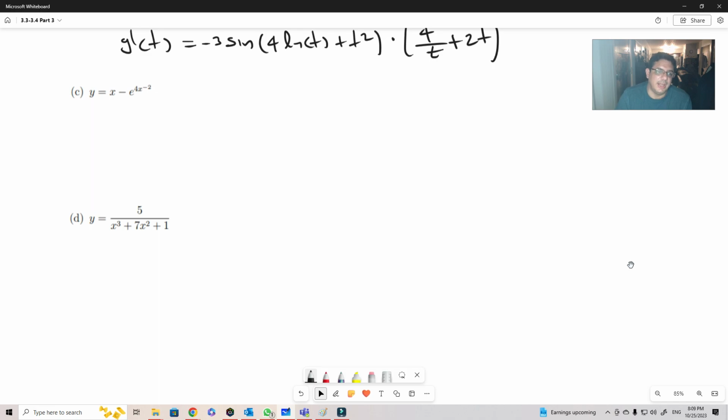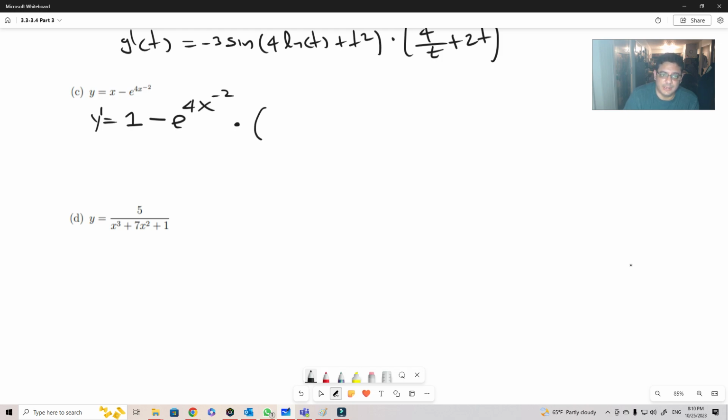Now c has a sum of 2 functions. This one is easy, so I don't worry too much about that one. The derivative of x is just 1, and then minus, and so here is where we actually had to work a little bit. This is an exponential, but you know that the derivative of an exponential is itself, so e to the 4x to the minus 2. Now we've got to multiply by the derivative of the function inside, that is 4x to the minus 2.